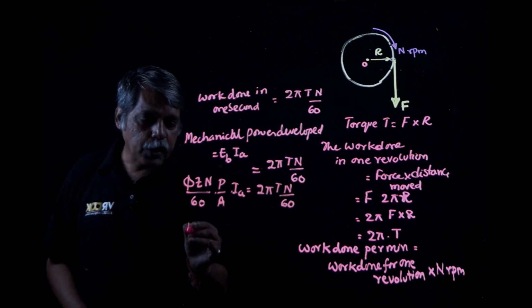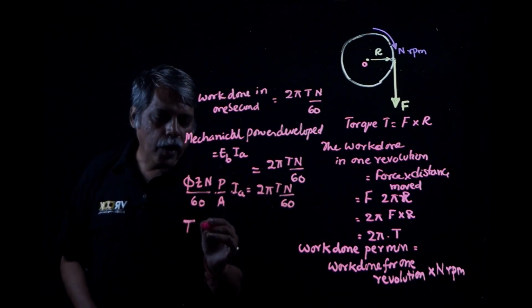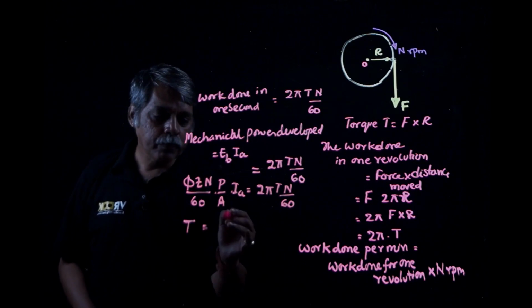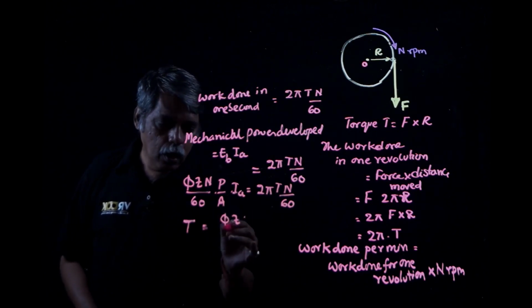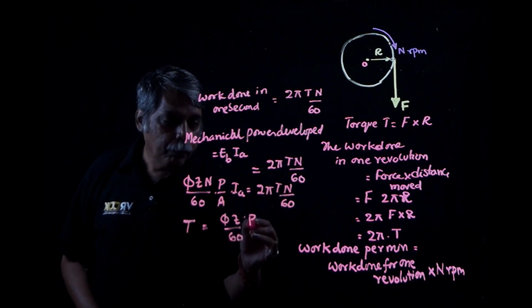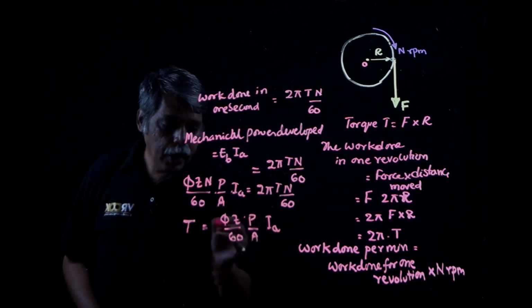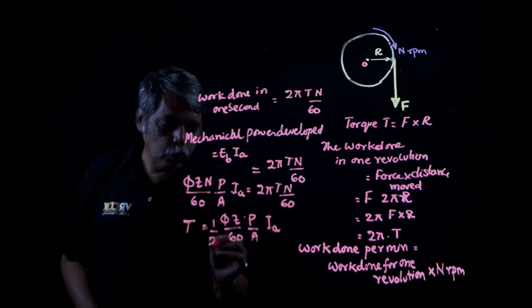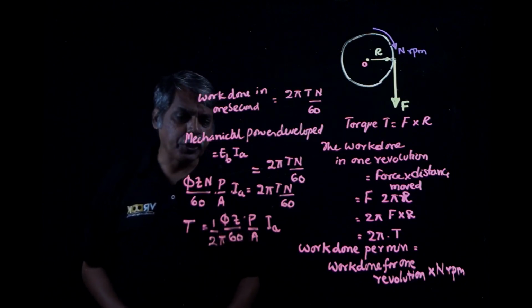So if I write an expression for the torque, by simplifying this, I will get phi Z upon 60, P by A, IA, and then 1 by 2 pi.